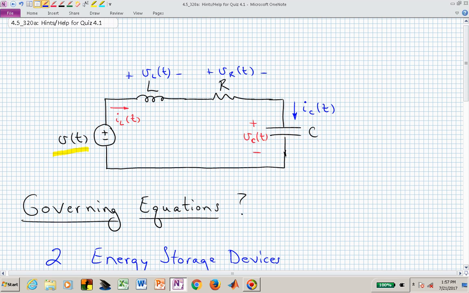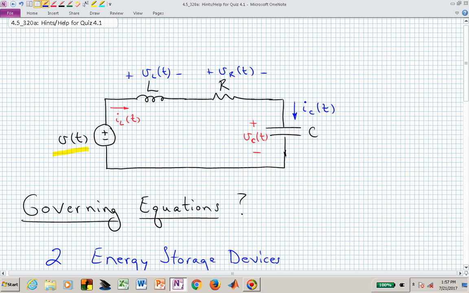It's a mesh, and a lot of times students get very comfortable or fall back on trying to do mesh analysis, which is reasonable. So let's see what happens when we write KVL for this particular circuit, and I can write it in terms of the excitation voltage, V of t, and the three remaining voltages, the voltage dropped across the inductor, resistor, and capacitor.